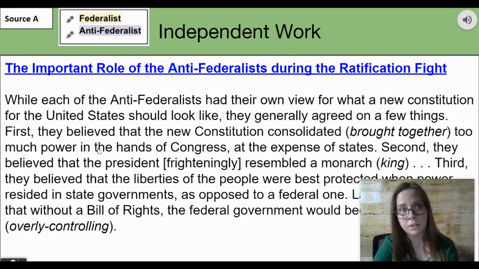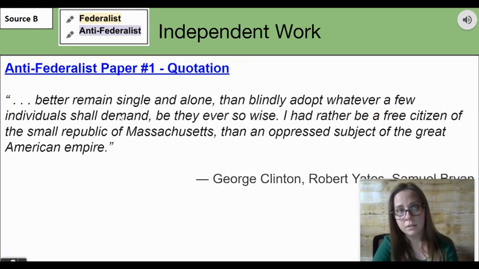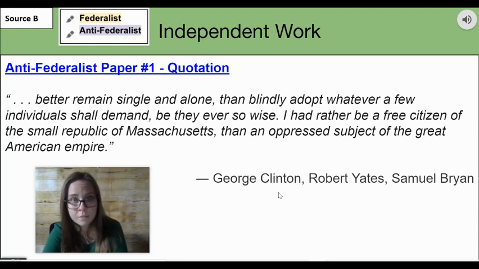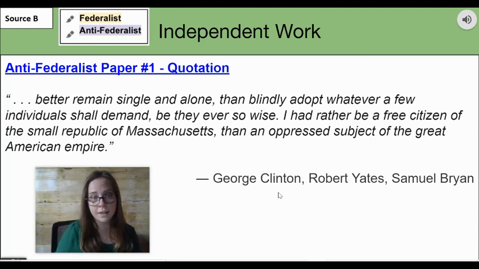Let's look at the next source. George Clinton and Robert Yates and Samuel Bryan. Who were these people? Were they Federalist or Anti-Federalist? We just saw previously that they were indeed Anti-Federalist.